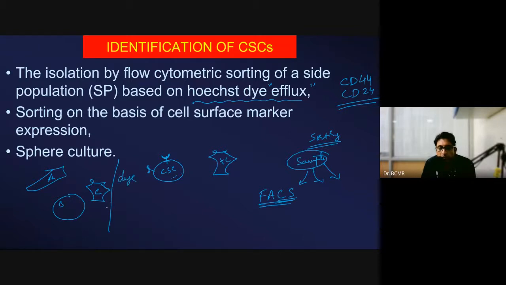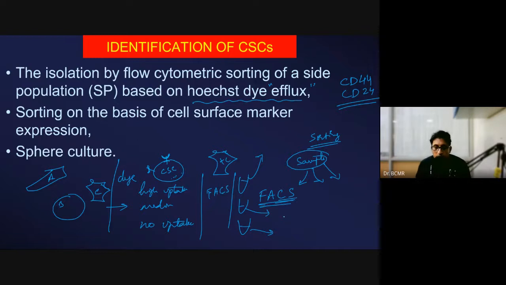Based on their uptake and retention of the dye, some might have high uptake, some will be medium, and the other one could be no uptake of the dye, right? And then we perform FACS, and we can separate these cells into three different tubes. Then we can test which of these has the cancer stem cell property.